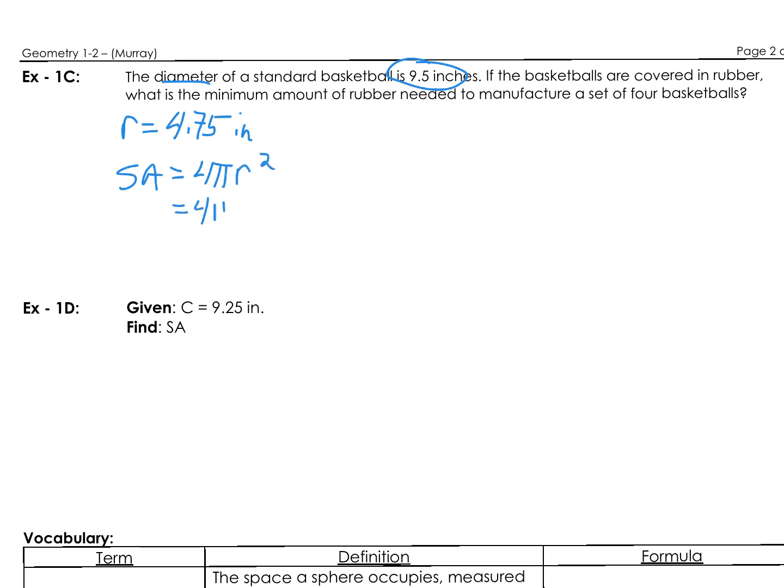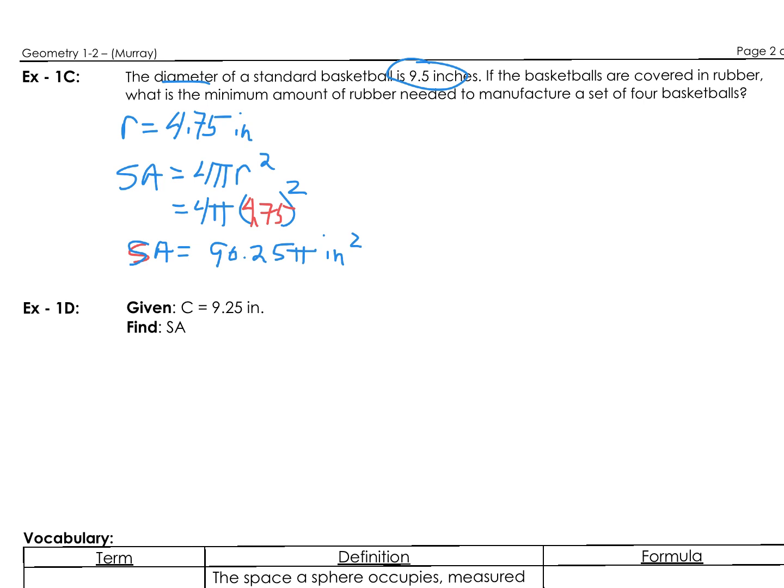So 4, and I'm putting in here the 4.75. Now if I square 4.75, I get 22.5625, and I'm going to multiply that by 4. And so my total surface area for 1 basketball is 90.25 pi, and that's inches squared.